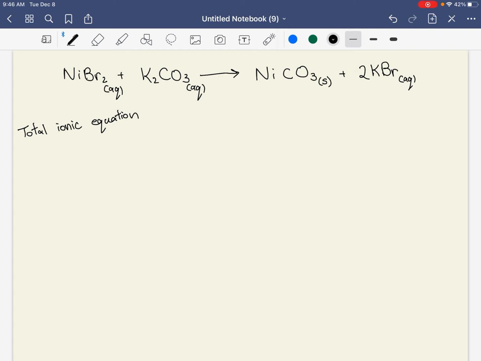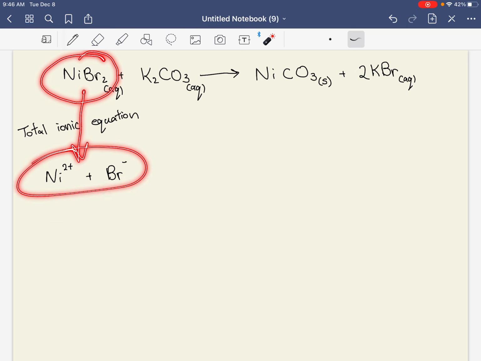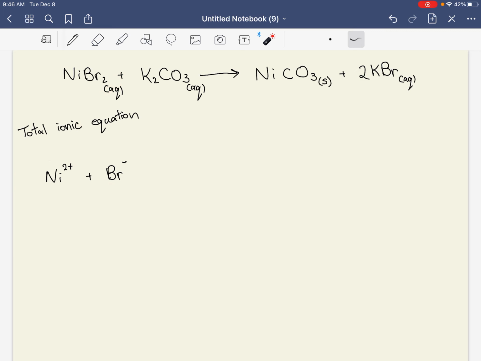Okay? So just like what we did earlier, we're going to break apart nickel 2 bromide. What happens when nickel 2 bromide meets water? Well, nickel 2 bromide will separate into nickel 2 plus and bromine minus. Now, if you look at the ratio here, for every nickel, it is bonded to 2 bromine. So you can't just say this will break up into this, because the numbers will not match.